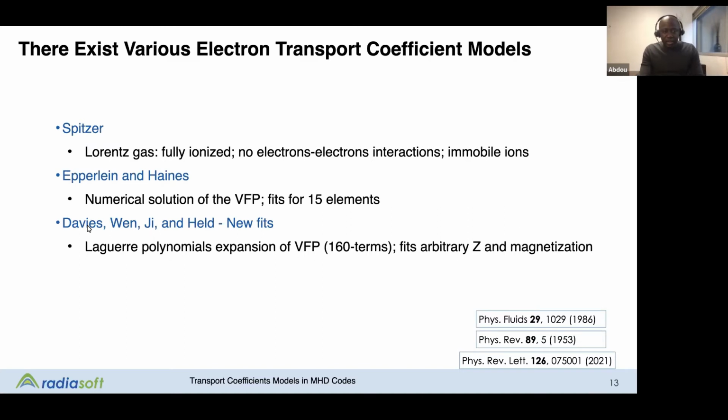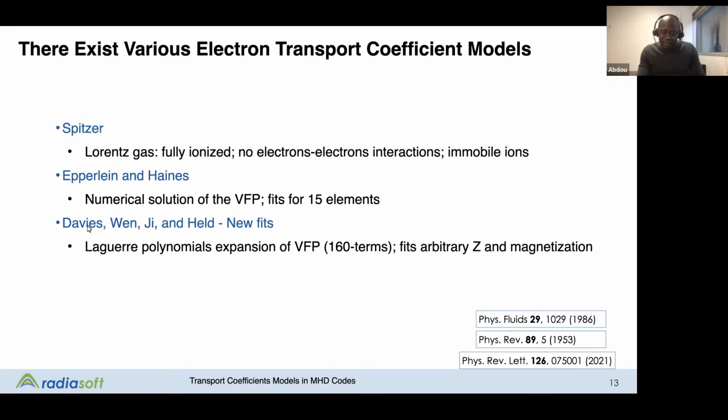Recently, Davies at Rochester and some of their colleagues at Los Alamos National Lab have proposed a new and more accurate set of transport coefficients that solves some of the inaccuracies that Epperlein and Haines have, and they provide fits for basically an arbitrary atomic number Z of material and for an arbitrary magnetization.